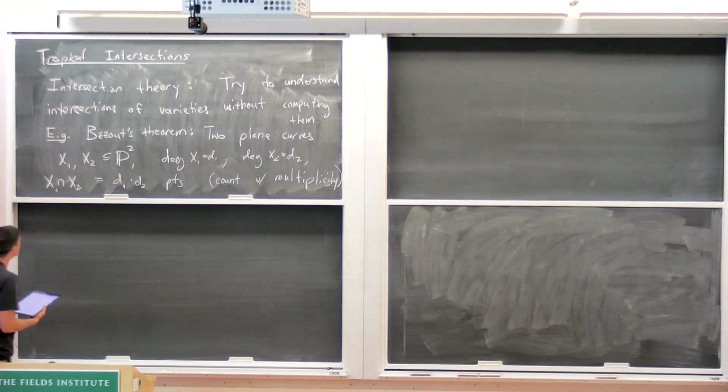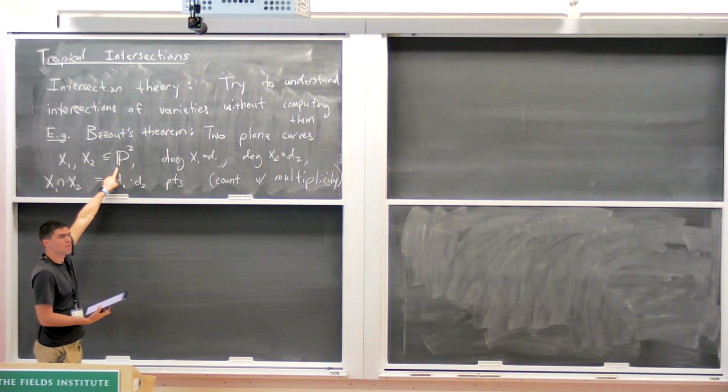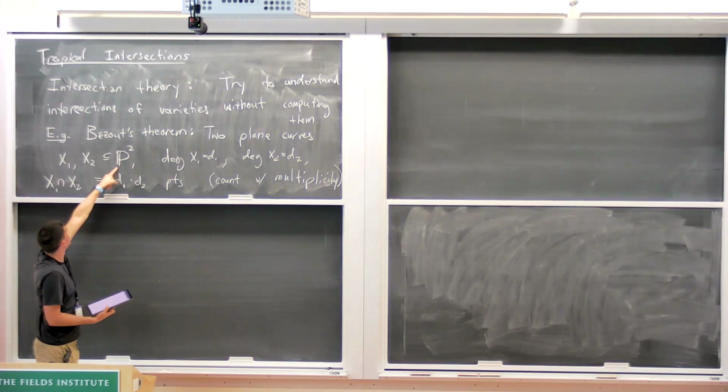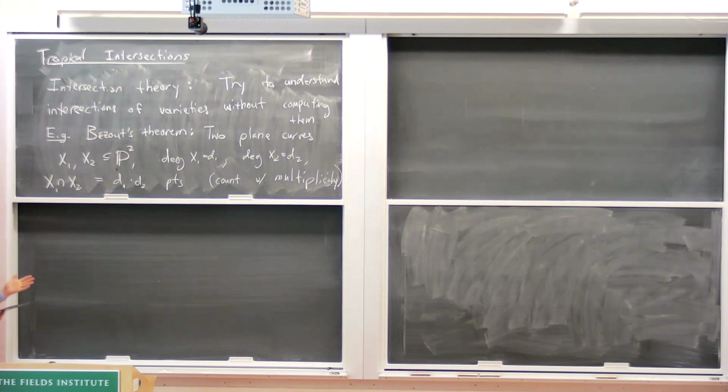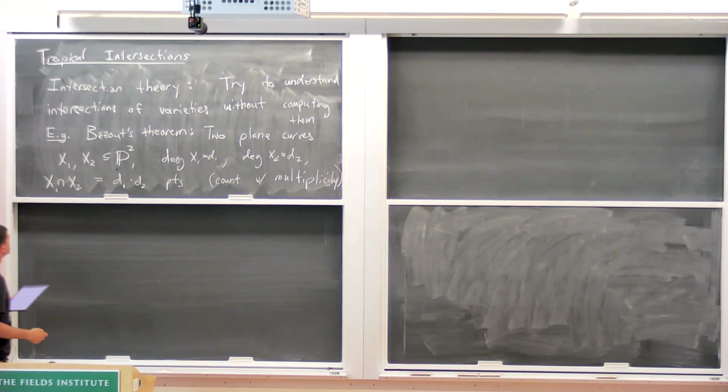And it's important here that we're working in P2. You might imagine in A2 that if you're working with two lines, then it matters whether those lines are parallel, in which case they don't intersect, or not parallel, in which case they intersect in a single point.